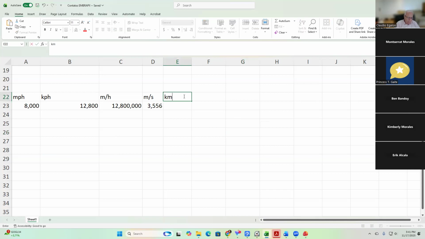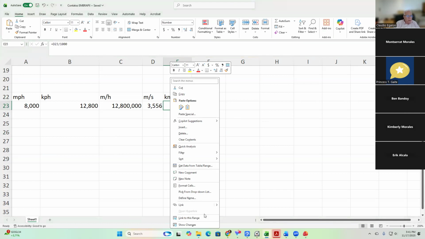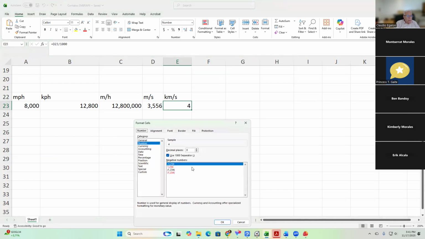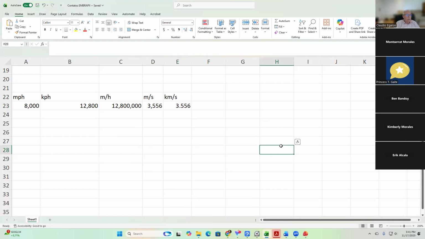Okay, kilometers per second. It's not orbital speed, by the way. Orbital speed is 8 kilometers per second, so orbital speed is twice that much.